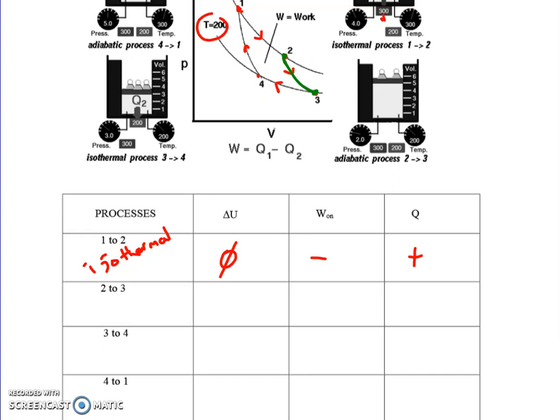In fact, it is a negative change in internal energy. So in this process, where we have a jump from one isotherm to another, there is a change in pressure and volume, and if you look at the process 2 to 3 here, there is no heat being added in. So by definition, there's no heat flow, and this is called adiabatic.